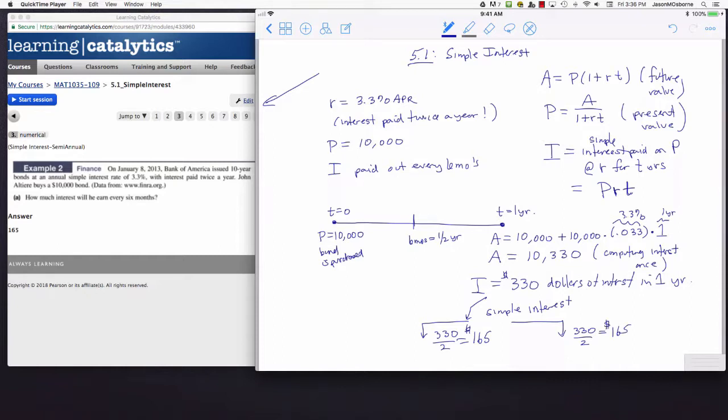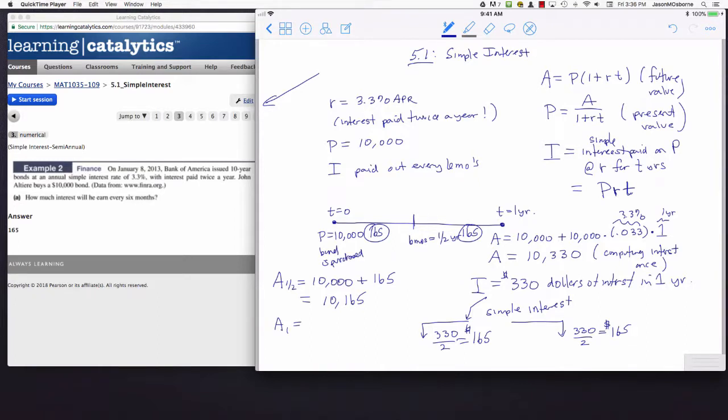So simple interest says that you've earned $330 in 1 year. In the first half of a year, you're going to earn $165 in interest, and then in the second half of a year, you're going to get the other $165. So the amount you have after half a year is $10,000 plus $165, which makes $10,165.